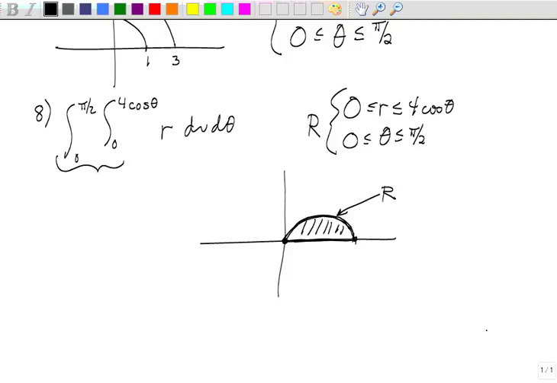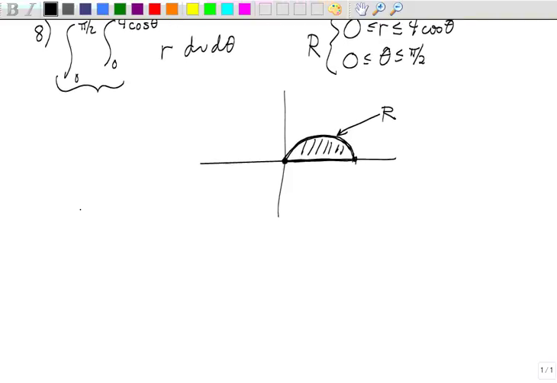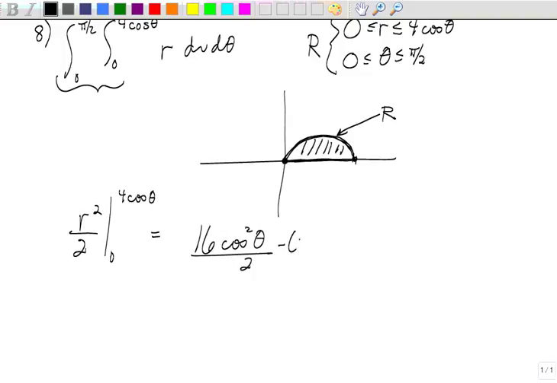Then it says evaluate the integral. Okay, so we integrate r, so that's r squared over 2. Evaluate that from 4 cosine theta to 0. And then we integrate that. And we have to use the half angle formula.